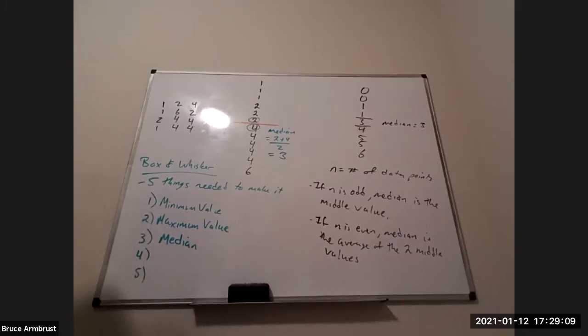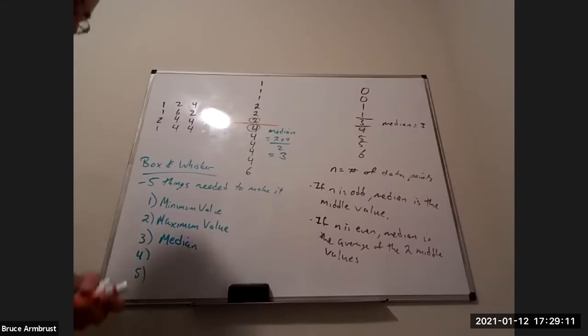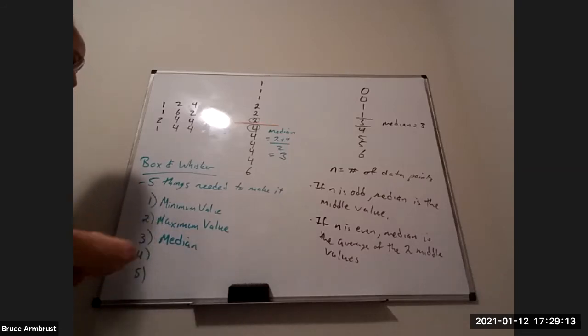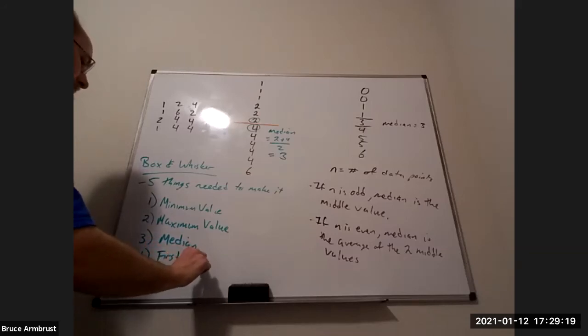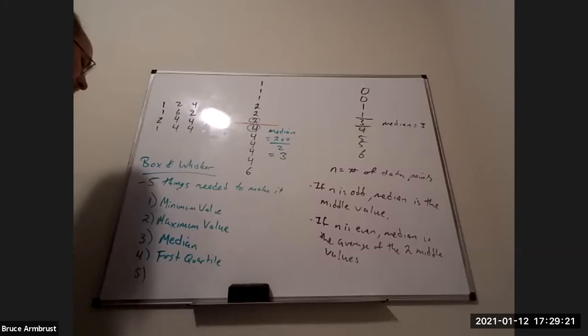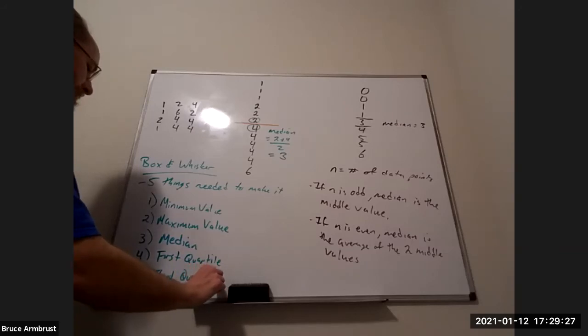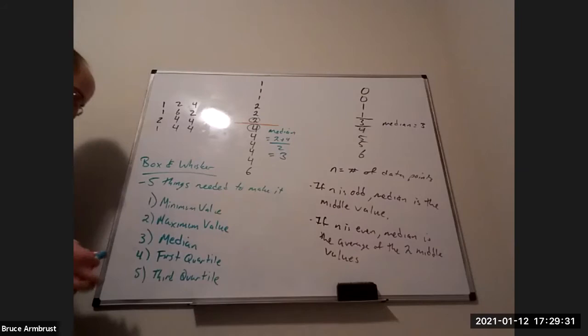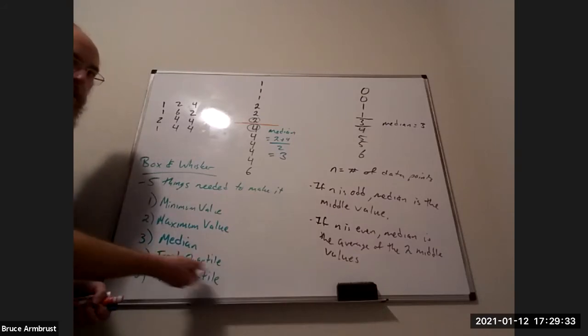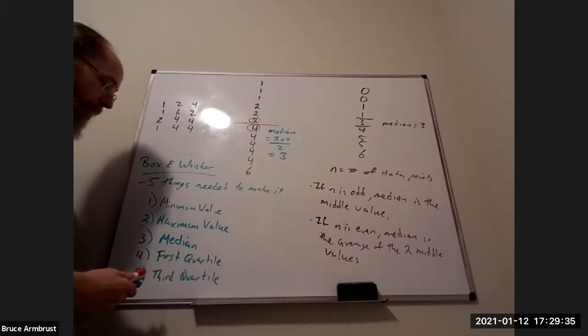Now, the last 2 numbers we need are what we call the first quartile and the third quartile. We don't usually write out these words.